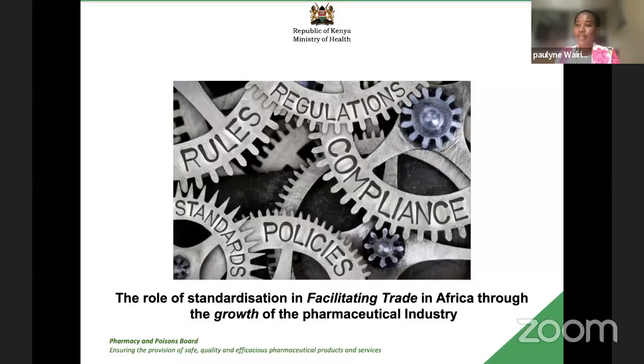In compliance, once a product is in the market, we look at what needs to be done to maintain the standard of that product. This is where we enforce the need for adverse event reporting, the need for ensuring that substandard and falsified medical products are removed from the market, withdrawing and rejection, and also supporting manufacturers to meet the regulation that we have put in place as national regulatory authorities.